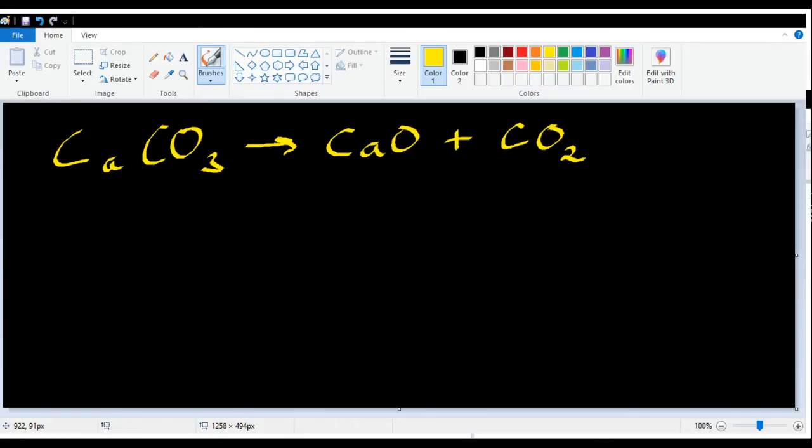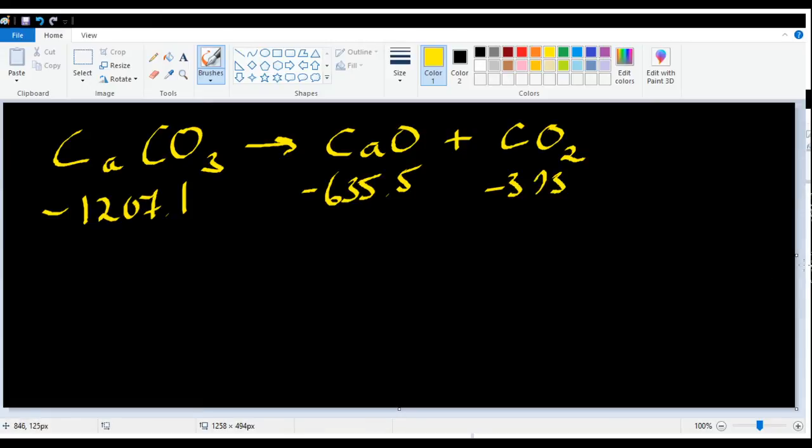So for calcium carbonate, it's negative 1207.1. For calcium oxide, it's negative 635.5. For carbon dioxide, it's negative 393.5.